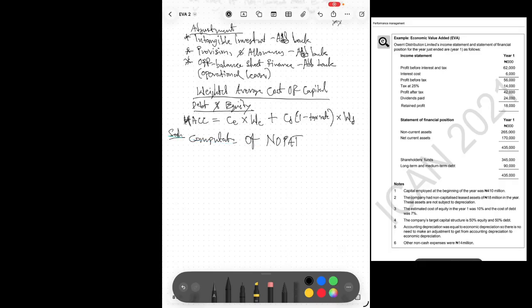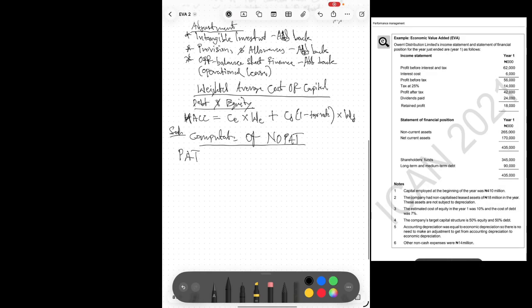That's the first thing we will compute. I said for you to compute it, you need to start with your profit after tax. And our profit after tax in the question is 54,000. Well, it's in millions, so this is equivalent to 54 million.